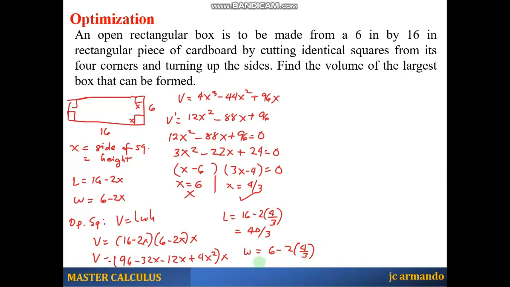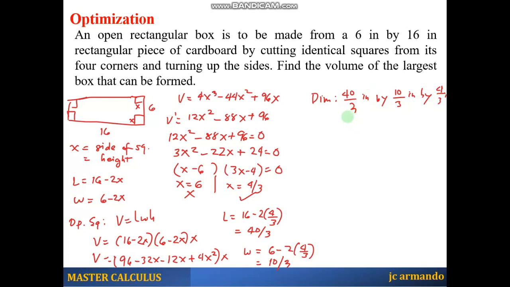And the answer for that is 10 thirds. So, therefore, ang dimensions ay 40 over 3 inches by 10 over 3 inches by 4 over 3 inches.